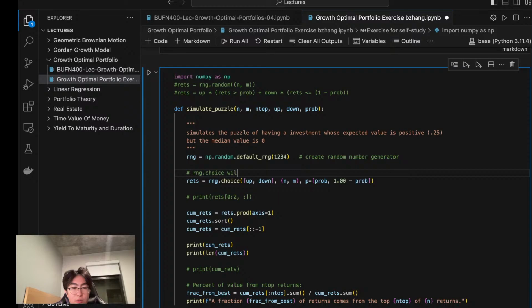RNG.choice will create a sample data based on the inputs up, down, array.